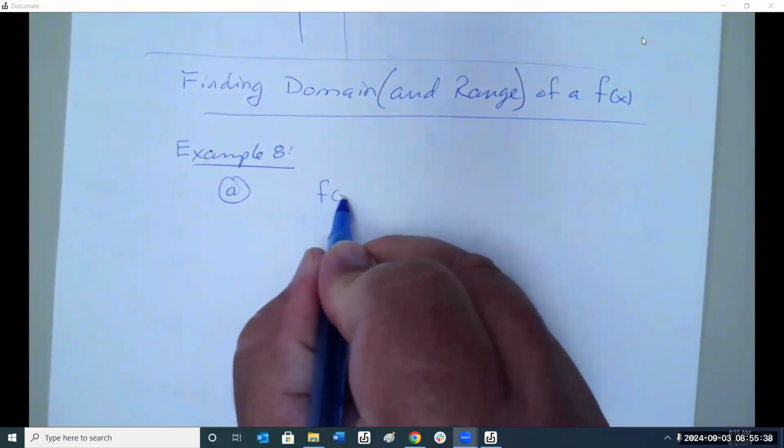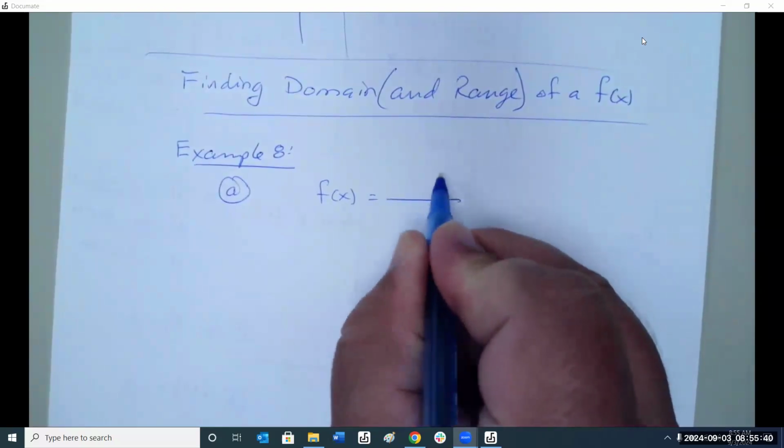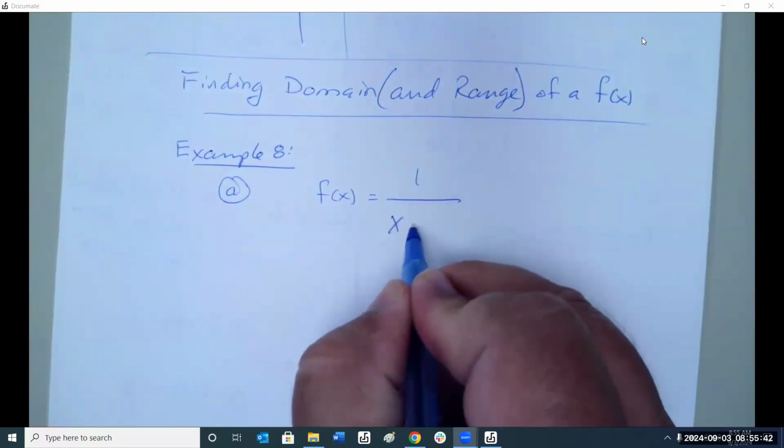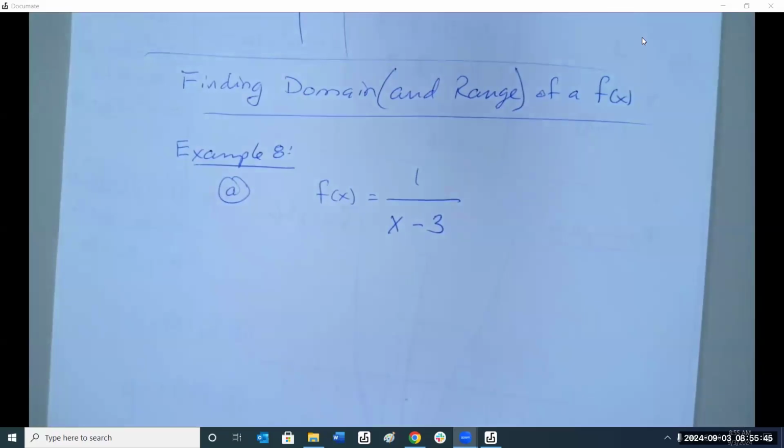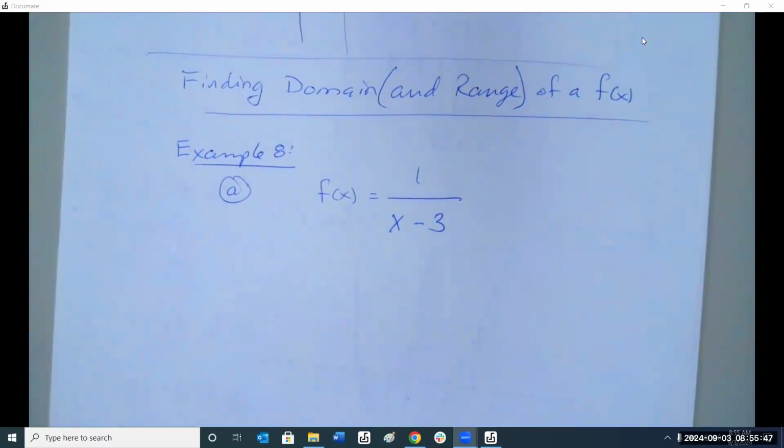So if I gave you this function, first off, is it a function on the entire domain? In other words, are there any x's I cannot use?